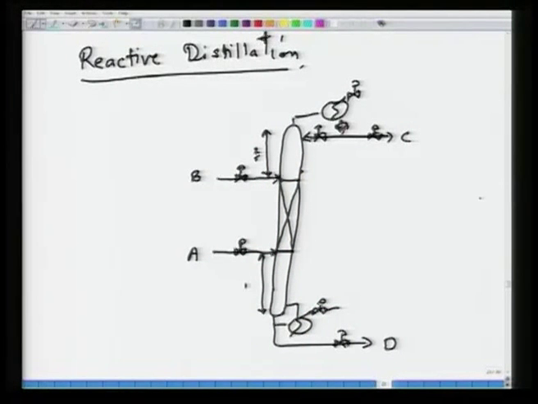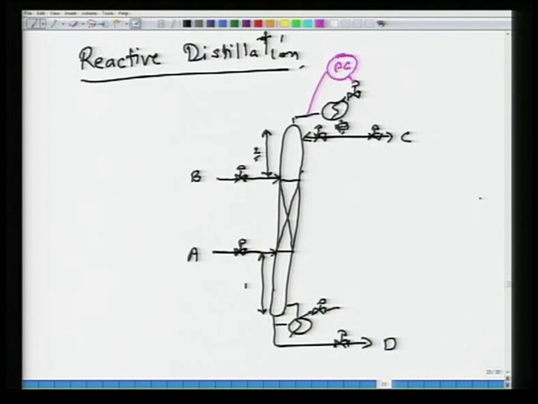So, now let us just talk a little bit about control, and after that we will end. I am just drawing a possible control structure. Okay. Pressure control, level control, what else? Let us say I keep reflux in ratio with distillate.